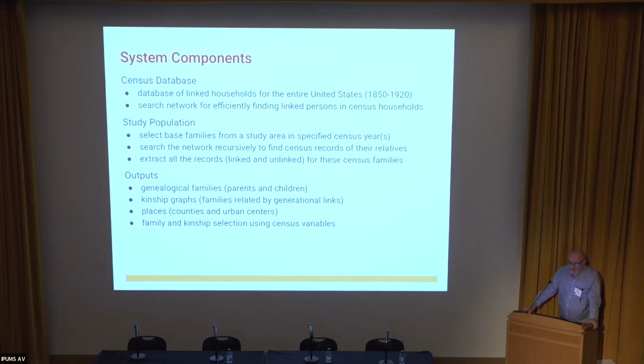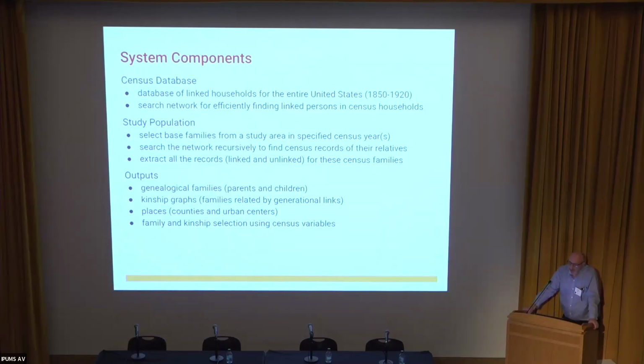There are several parts to the system that's created to do this. The most important is the search network, which is built to find linked persons. It's a network of linked persons, and it's intended to find linked persons who are family relatives of a group of people at a particular time and in a particular location.